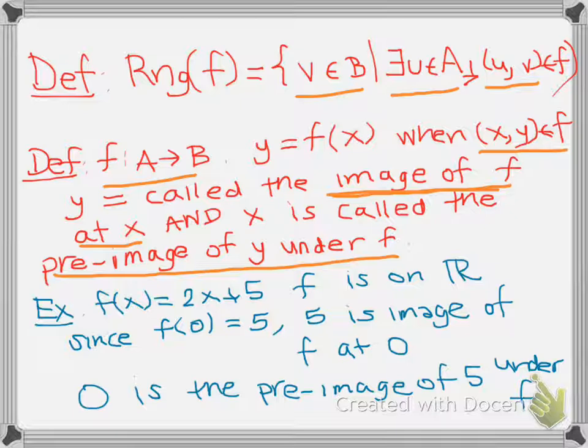Okay. And x is called the pre-image of y under f. Okay. An example of this, I just sort of took an example. Let f of x equal the function 2x plus 5, and f is on the reals. Okay, so that means the domain and codomain are both the real numbers. Since f of 0 equals 5, we say that 5 is the image of f at 0, and 0 is the pre-image of 5 under f.